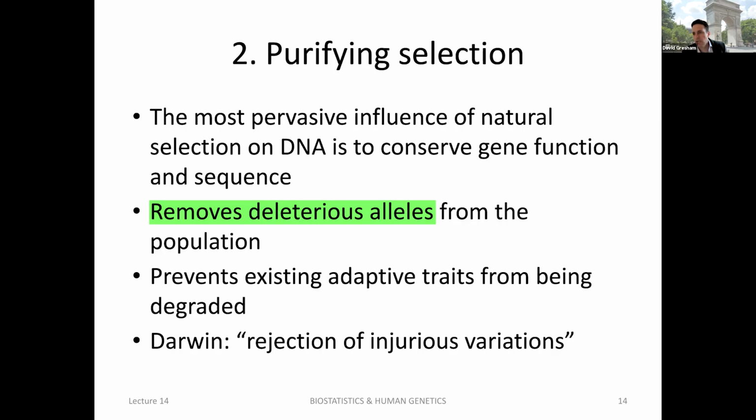Most new mutations are actually going to be maladapted or deleterious, and so purifying selection acts to remove these alleles from the population. This is what prevents adaptive traits from being degraded. So if you have a mutation that reduces some beneficial trait that exists in the population, there's going to be selection against that particular individual.